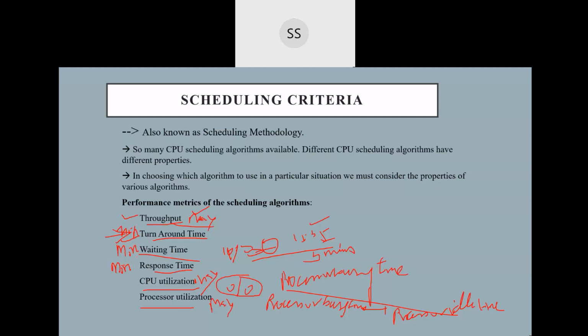Waiting time is the time the process waits for execution, so this must also be minimum.